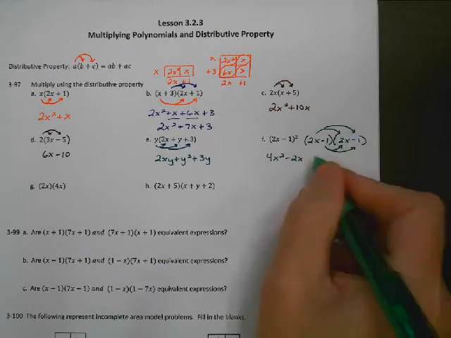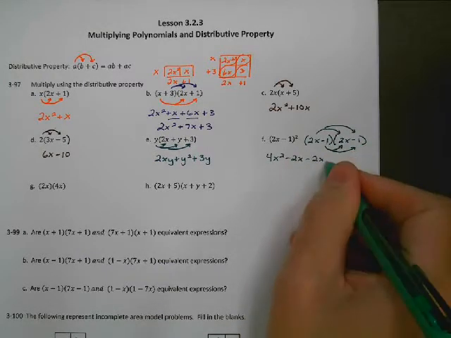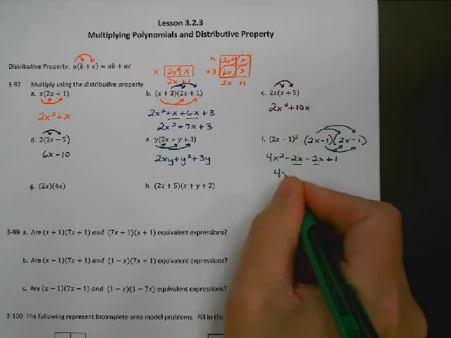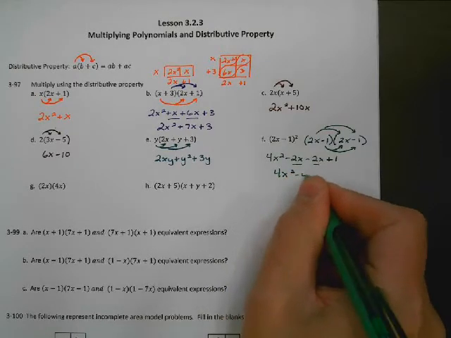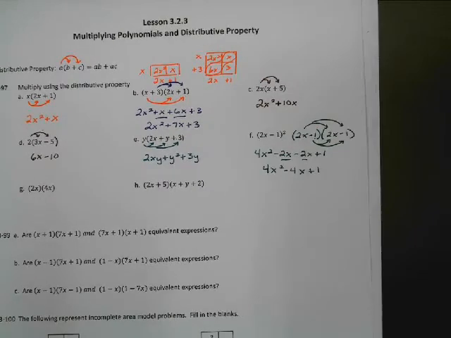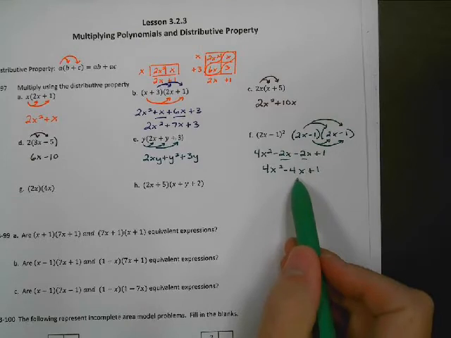Negative 1 times 2x is negative 2x, and negative 1 times negative 1 is positive 1. We have like terms. 4x squared minus 4x plus 1. So if you would just square both of these numbers, you'd be missing the middle term of 4x.